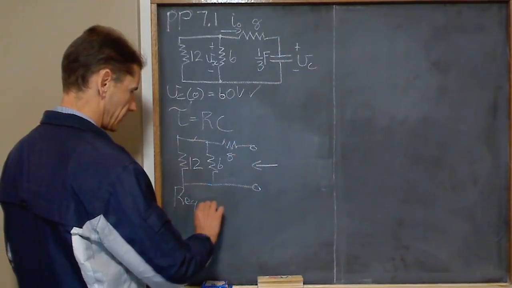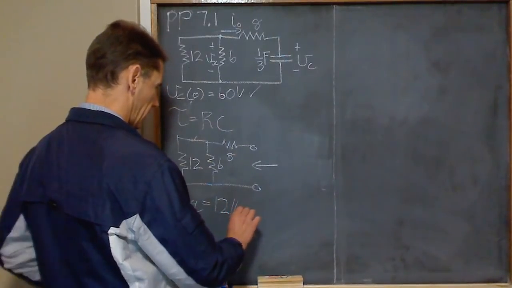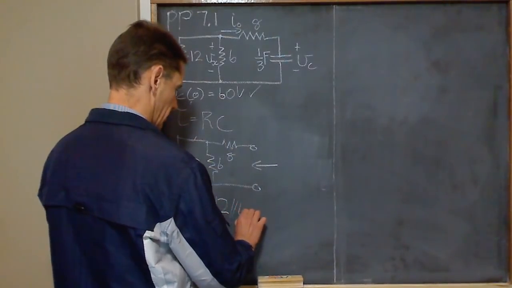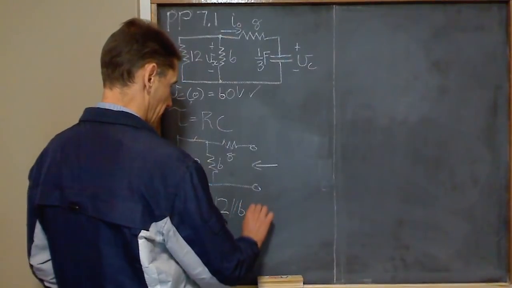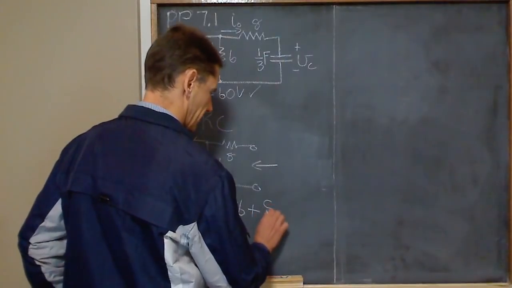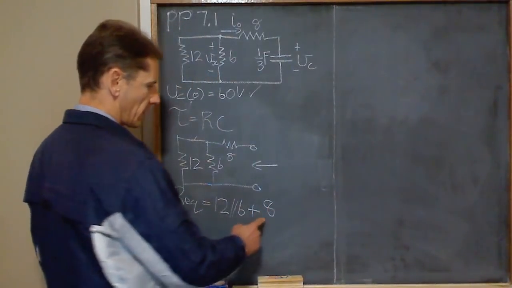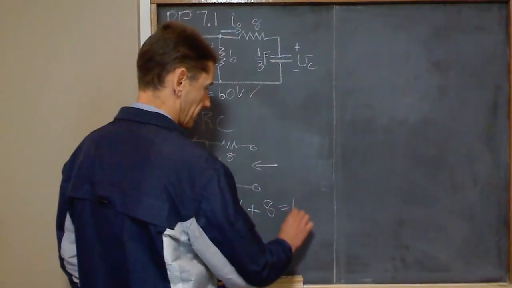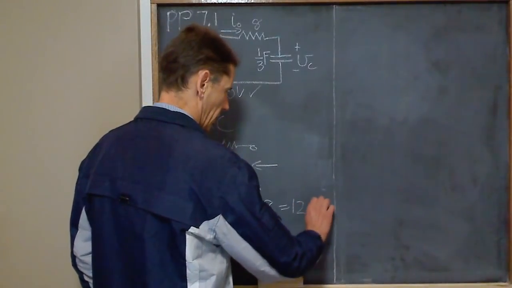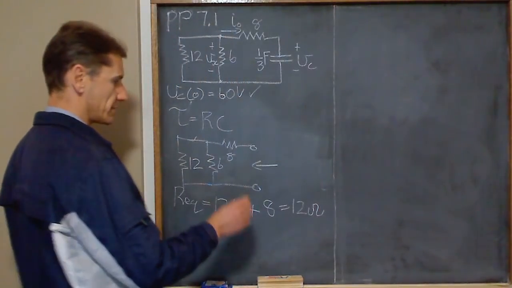R equivalent is going to be the 12 parallel to the 6, so those two are connected in parallel, plus the 8. So 12 parallel with 6 gives you 4 ohms, plus the 8, that gives me 12 ohms for an equivalent resistance.